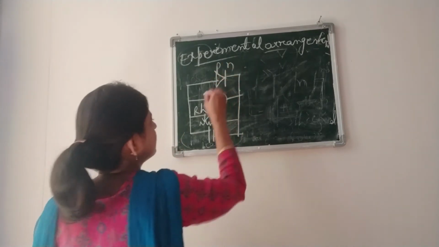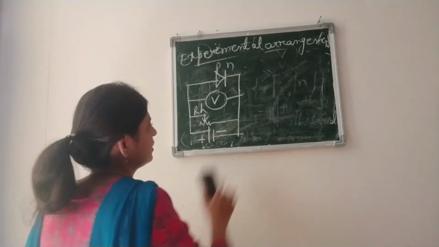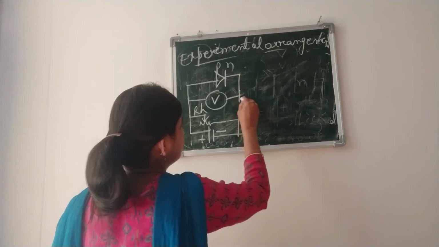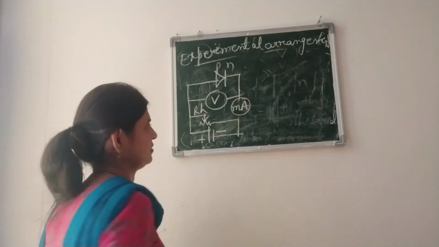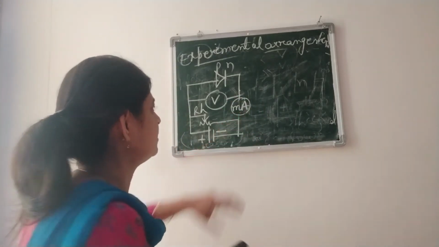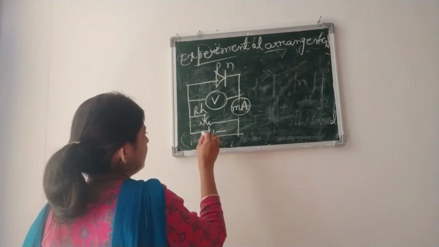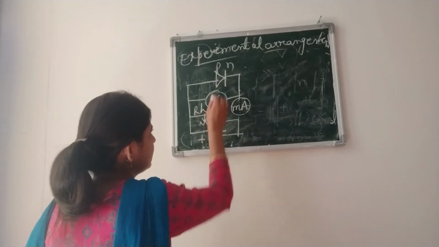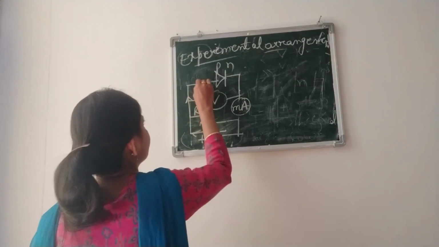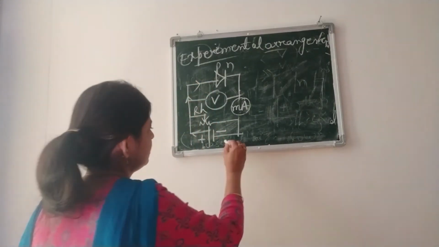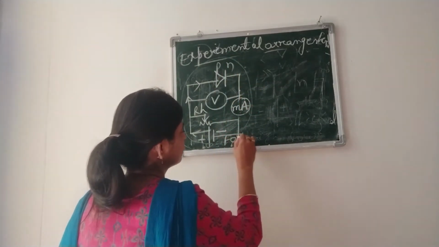This is P and N. So P is connected to the positive and N is connected to the negative. And a milliammeter, mA, is connected to the PN junction diode, with the P terminal connected to positive and N connected to negative. So this is the experimental arrangement in forward biasing.